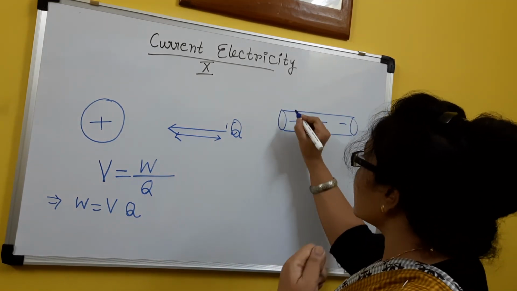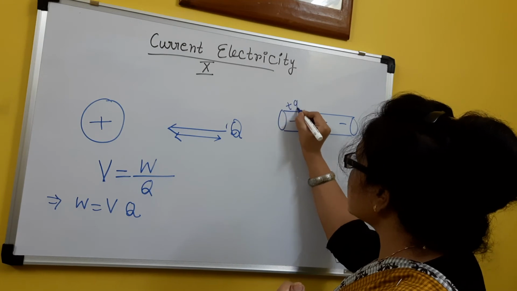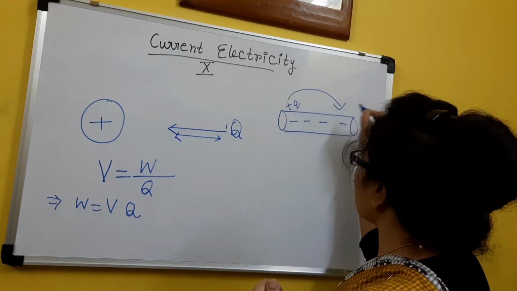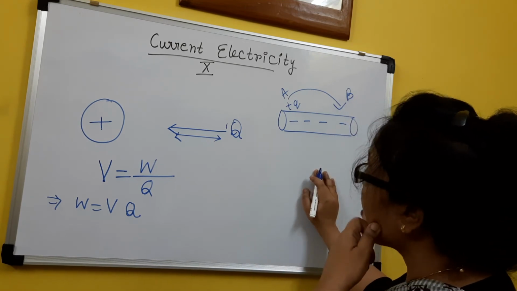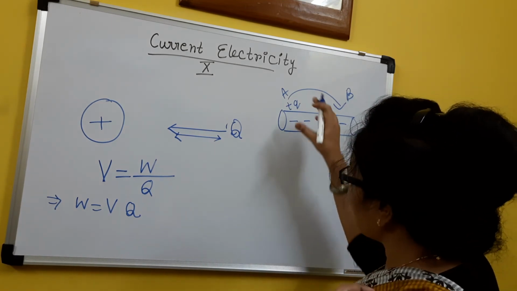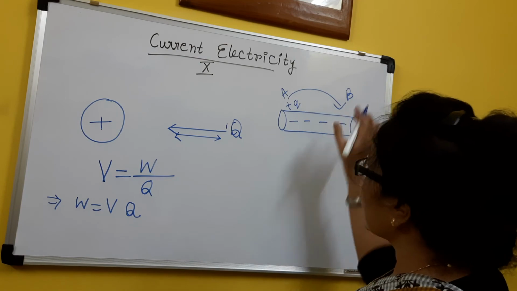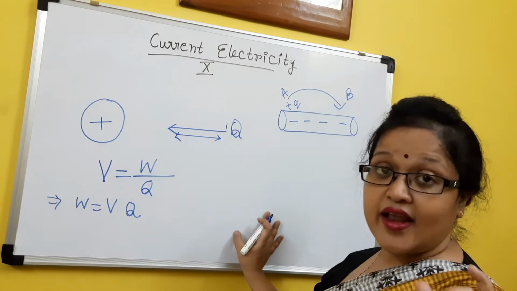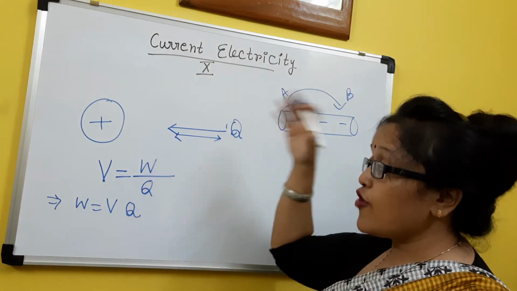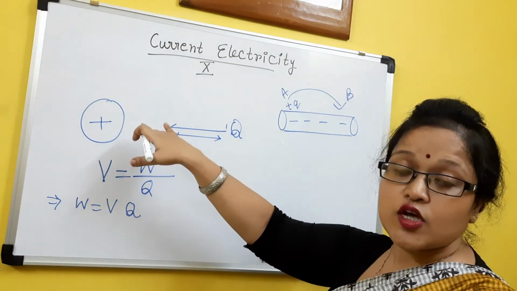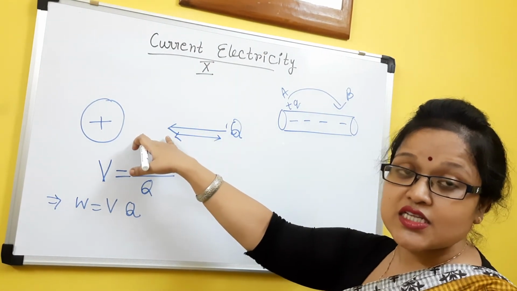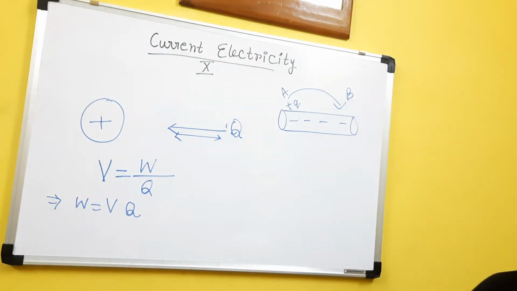So I am bringing one positive charge from here to here, from point A to point B, so I need to do some work. From infinity to very close to the vicinity of the charge, if I am doing something, that is the potential.